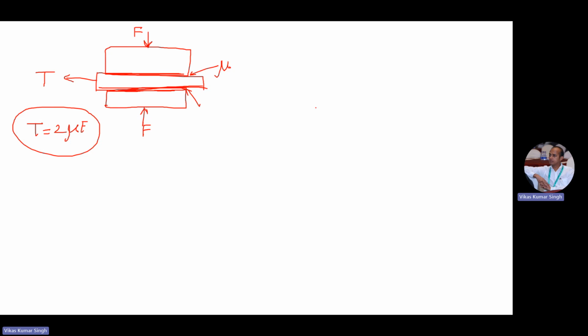Another problem was like this: suppose we have a circular die, and a strip is passing through a circular die or pulley or whatever you can think. We are applying tension like this.